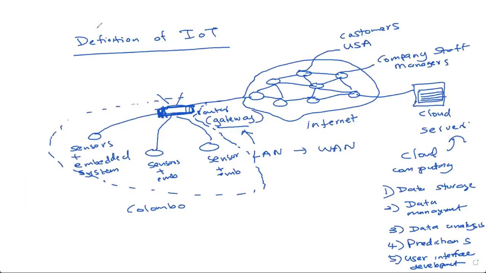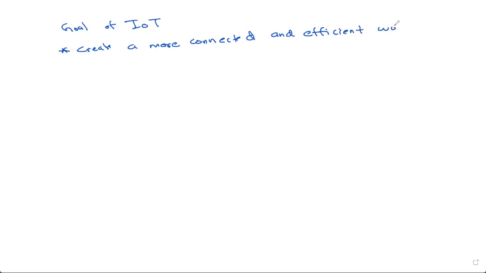So the goal of IoT systems is basically to improve the connectivity between devices and create a more connected and efficient world, by automating the tasks, right?